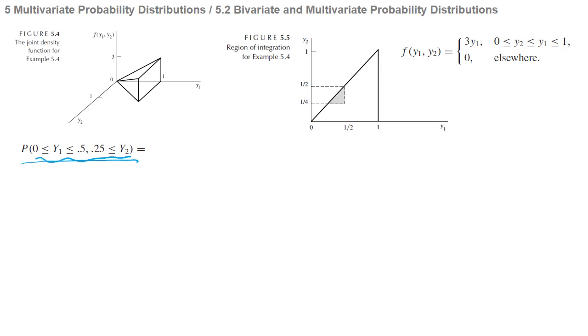So it's a double integration, and we have the joint density function, which is 3y1, dy1 dy2, and the probability is defined on this area.